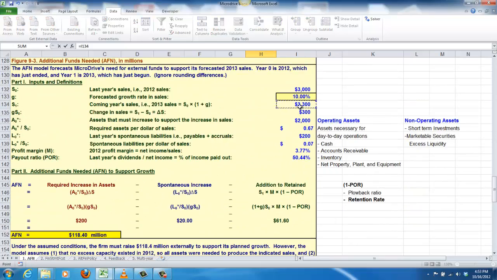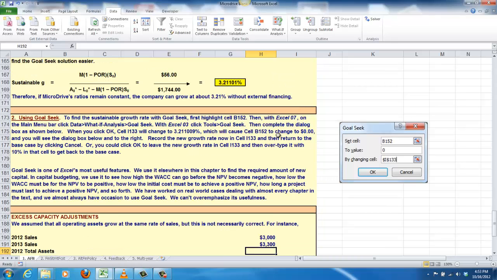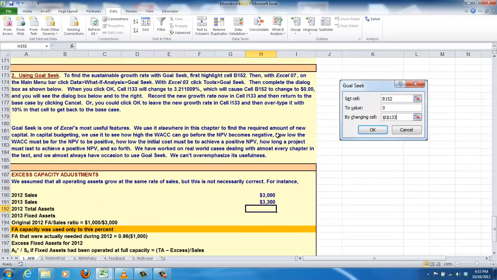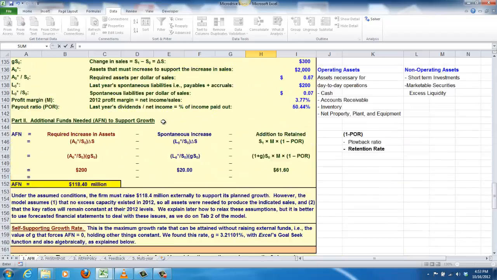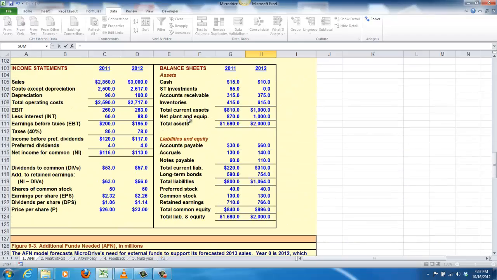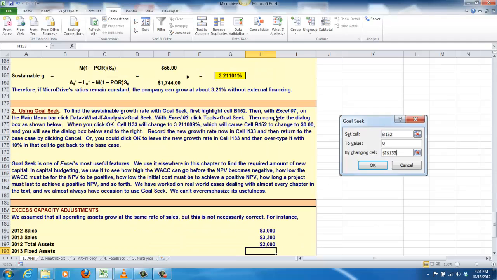That's $3,300. Our total assets for 2012 are equal to $2,000.